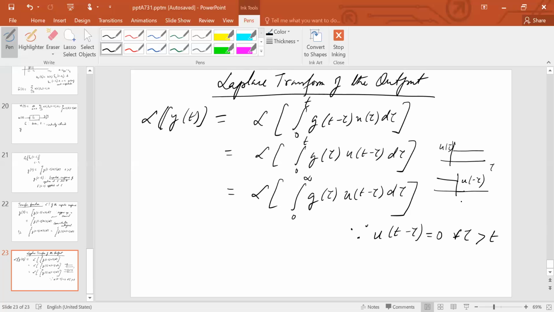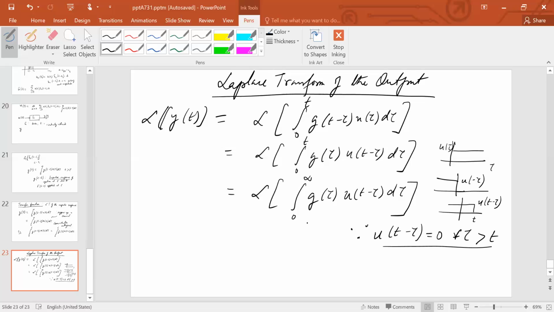And now, if you shift this, like so, then this is u of t minus tau. So if this is u of t minus tau, you can clearly see that the assumption that the system, the input and everything is initially relaxed, because of this initial relaxation, this condition holds. So that is why we can as well extend this.